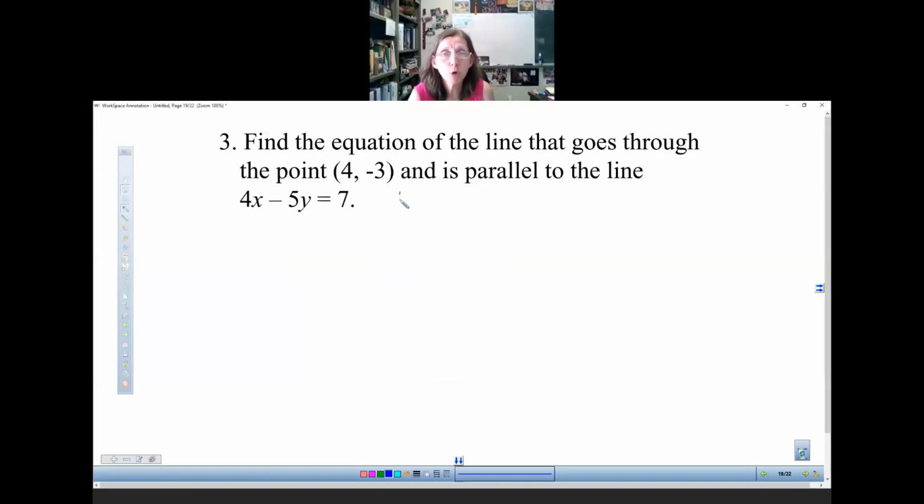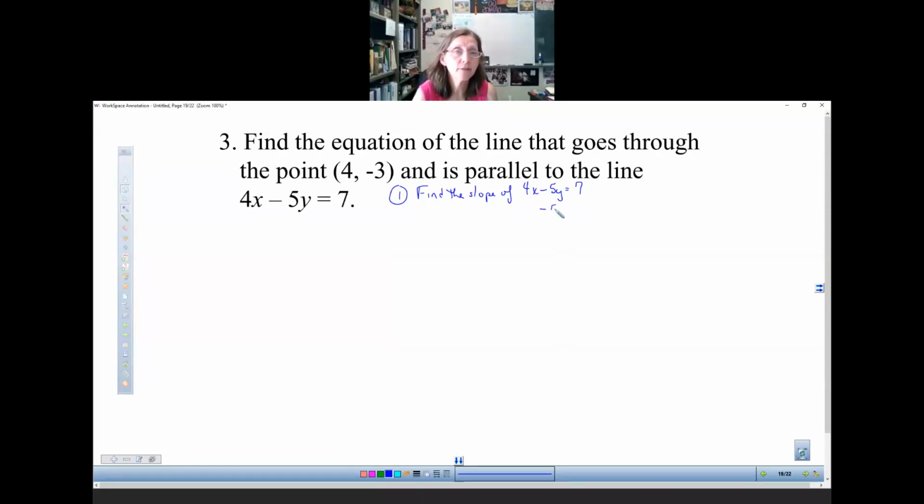Step number 1, and we're going to go through these step by step, is we need to find the slope. Find the slope of this line. Why? Because it's parallel to the one that we want to talk about. We're going to find the slope of this line by doing what we did earlier, which is solving for y.